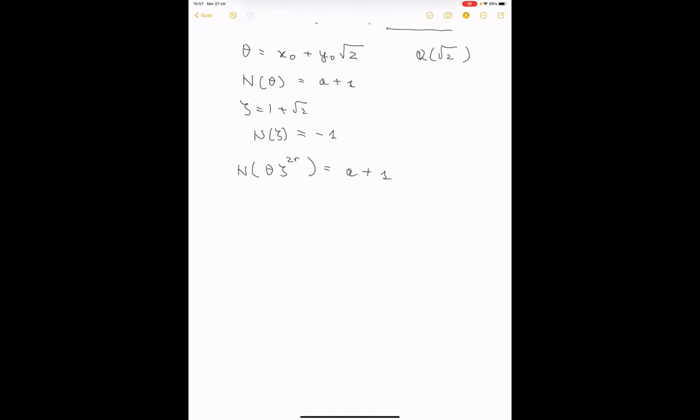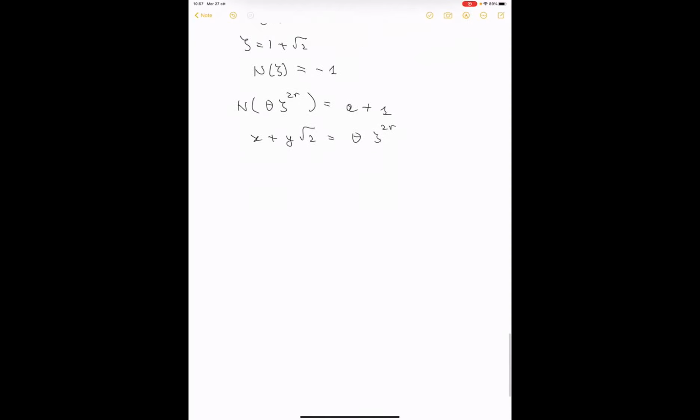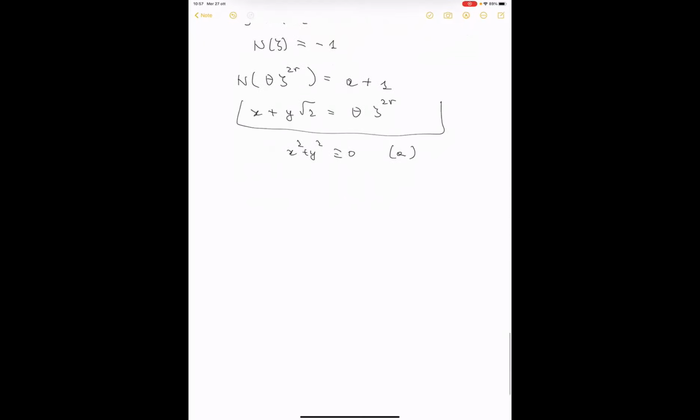And so our candidate solution will be the x, y provided by this identity. So we define x and y by this identity, and we want that x squared plus y squared is congruent to 0 mod a. So what is the gain? The gain is we have the integer r at our disposal.